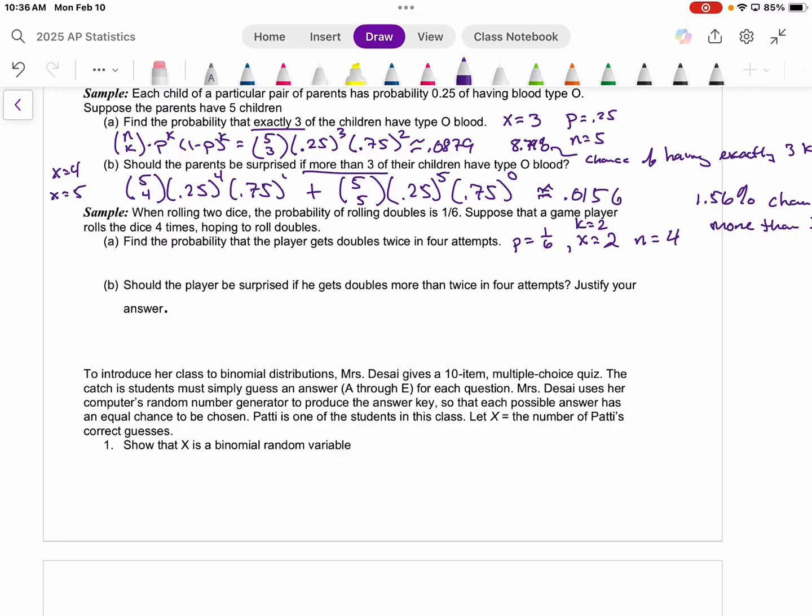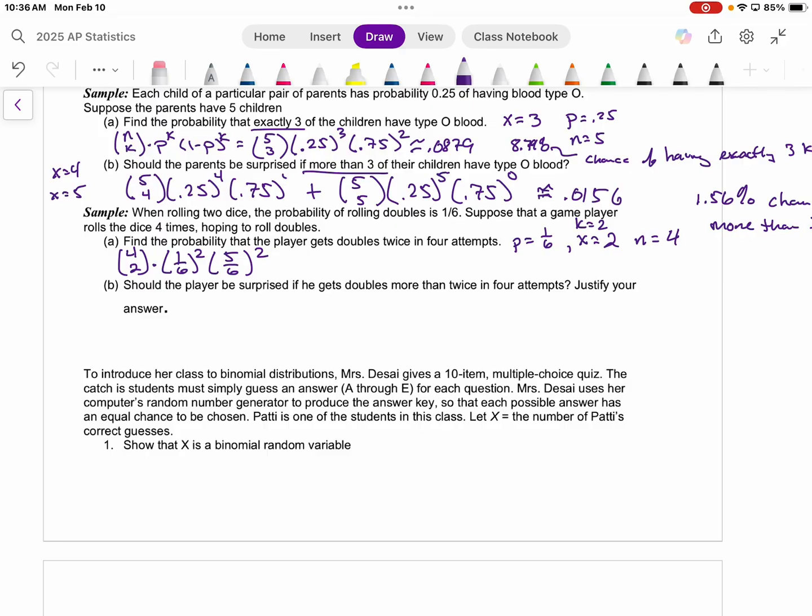So with that in mind, I need to do 4 choose 2. Oops, sorry, that's in the other class. 4 choose 2 times 1/6 squared times 5/6 squared, because 4 minus 2 is 2. So 5/6, because 1 minus 1/6 is 5/6. That's my probability of failure.